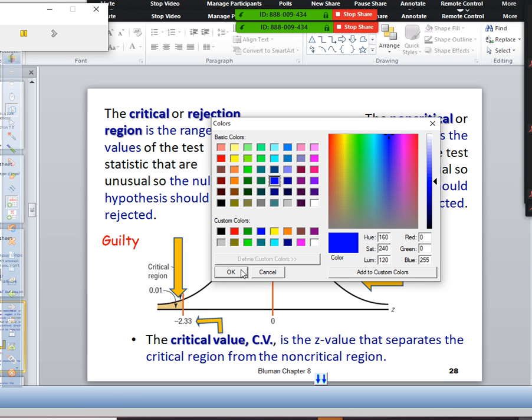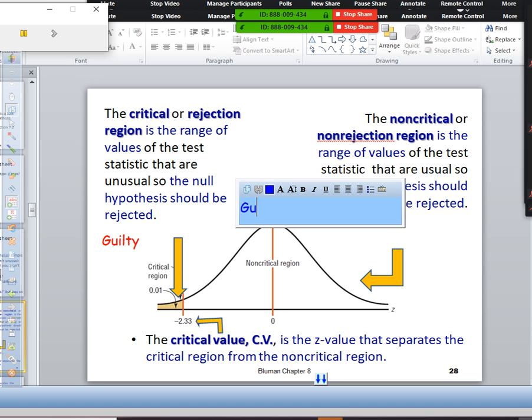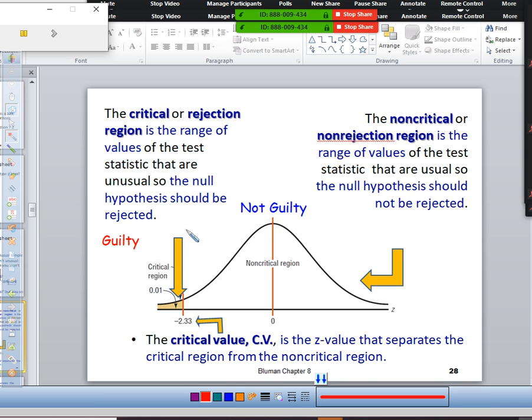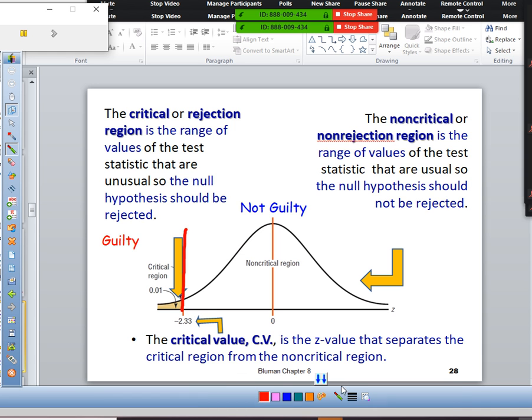Exactly. So often we like to call it guilty and not guilty. So this would be the not guilty region. And this is the critical region where we say that they're guilty. Everything from here on out in this direction, we would say that those guys are all guilty.